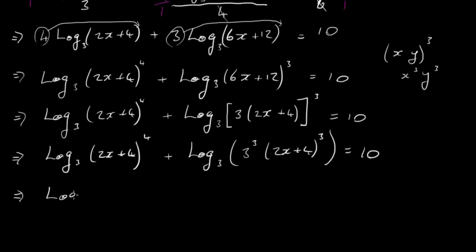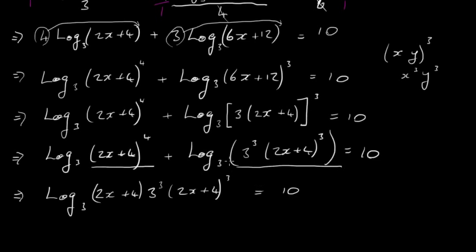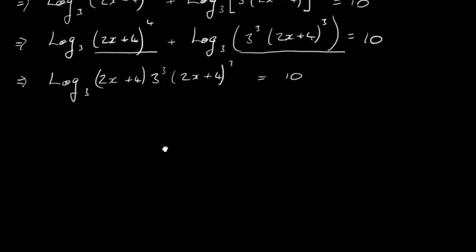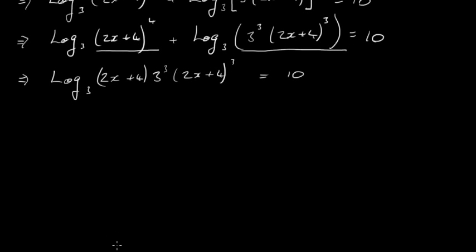So I end up with log to the base 3 of 2x plus 4 multiplied by 3 to the power of 3 times 2x plus 4 to the power of 3, equal to 10. So I have log of this plus log of all of this, both to the base 3. So this and all of this I can just multiply. That's what I've done here. Okay, so let's continue on then.